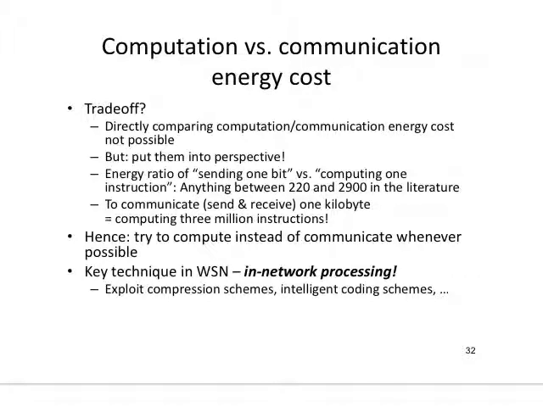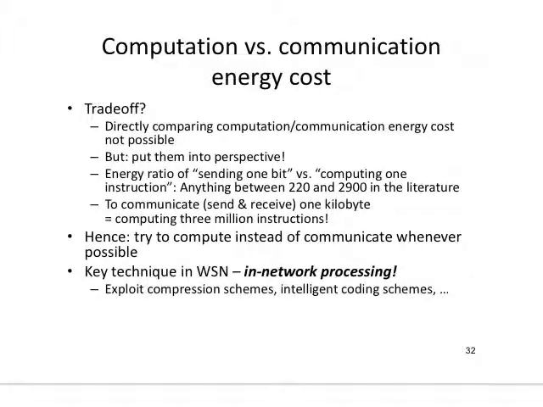So this is an interesting part: computation versus communication energy. We can compute more and communicate less, or we can do the other way around. If we can compute more and reduce the communication, should we do that or not?